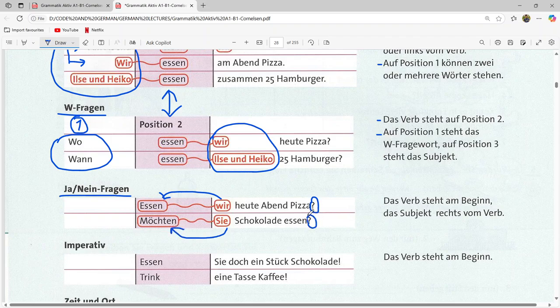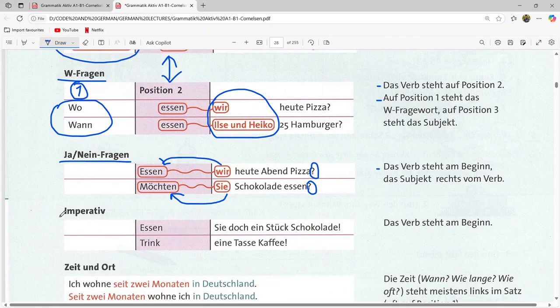Das Verb steht am Beginn. The subject is right of the verb. Essen wir heute Abend Pizza? Are we eating pizza in the evening today? Möchten Sie Schokolade essen? Would you like to eat chocolate?